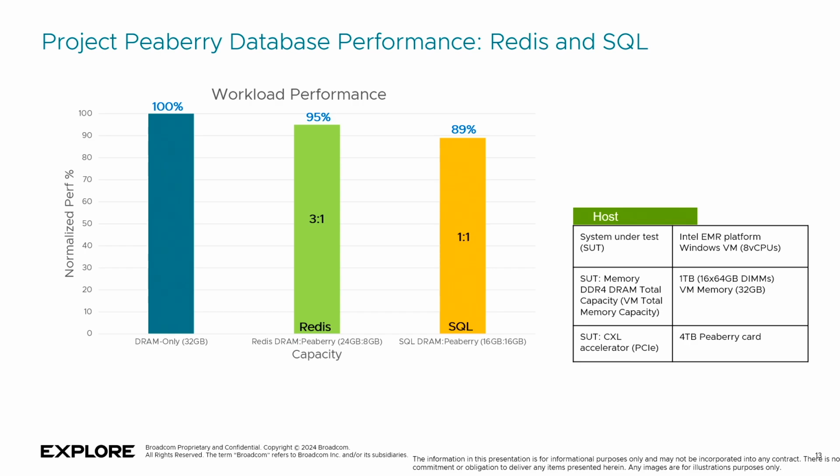Now, the same thing with SQL. We also did a similar study for Oracle, and it shows similar performance. With SQL, we can get 90%. The key difference here is to observe the 1:1 ratio, which means that 50% of your memory literally is coming from the device, and you can see performance as close to DRAM as possible, at almost 90%.